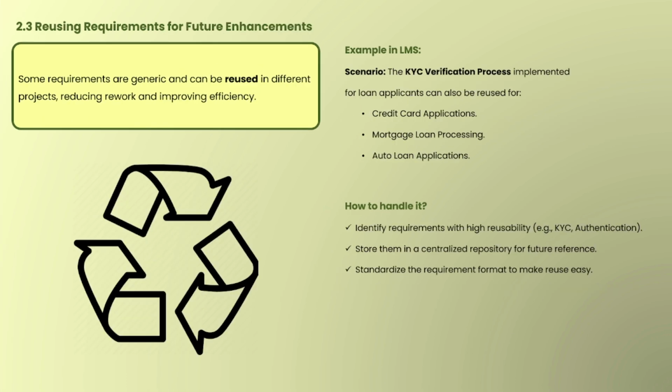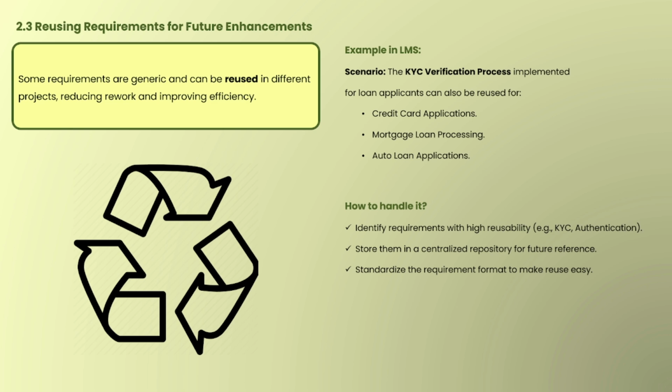Now next is reusing requirements for future enhancement. Some requirements are generic and can be reused in different projects, reducing rework and improving efficiency. The example is very straightforward. The KYC verification process implemented for loan application can be reused in credit card application, mortgage loan processing, and auto loan application.